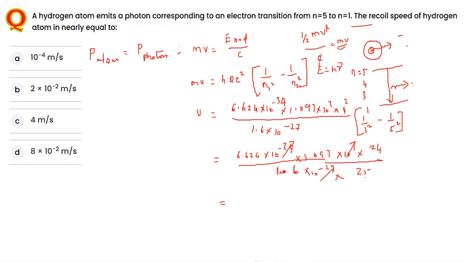I round off the value 6.6 to 6. So this is 1, and this is 24, and 1.6 is written as 16 divided by 10, so we get 16 into 25. Now you just cancel in all the cases. So this will be approximately equal to 4 meters per second. That is the answer.